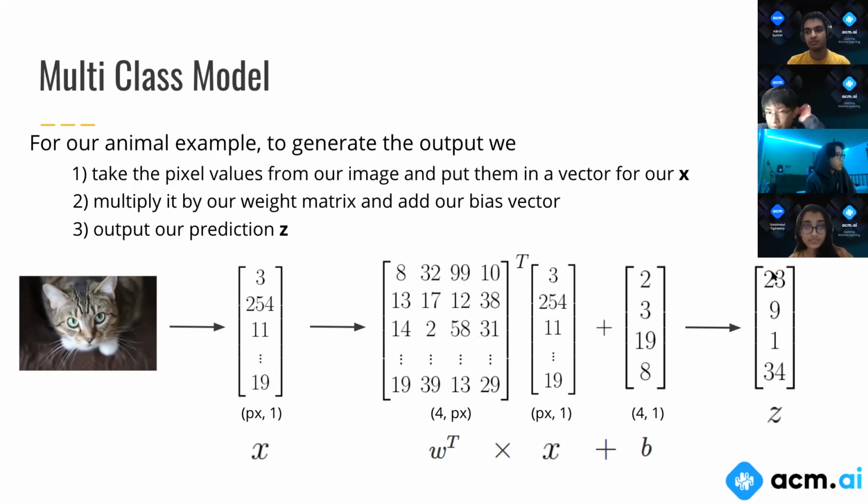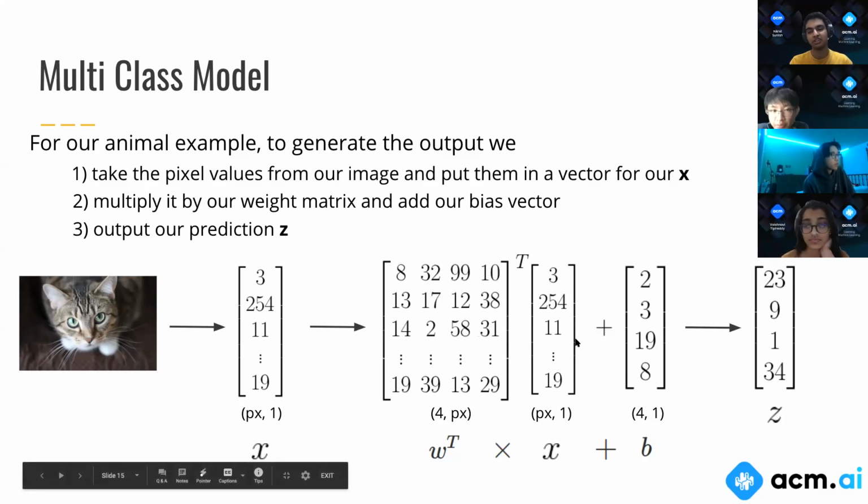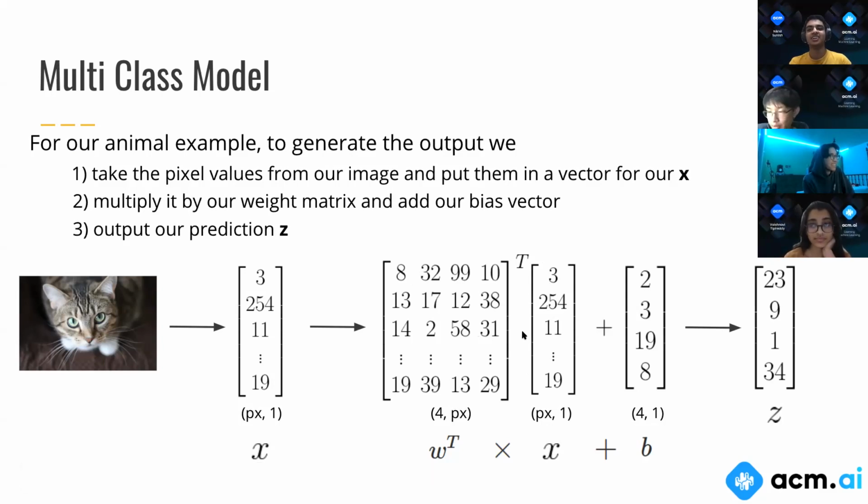Wait, but wouldn't it be like 10 times 3, then 38 times 254? Yeah, because of the transpose in this case. I was just saying, imagine the transpose wasn't there and this is only 4 elements long. Oh, okay, gotcha. You are correct. I just didn't want to transpose in my head because I can't think about it in the moment, so I said to ignore that for now. But yeah, you're actually right about that.